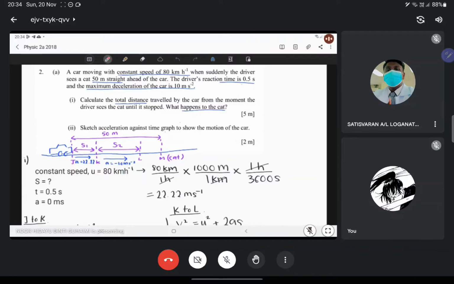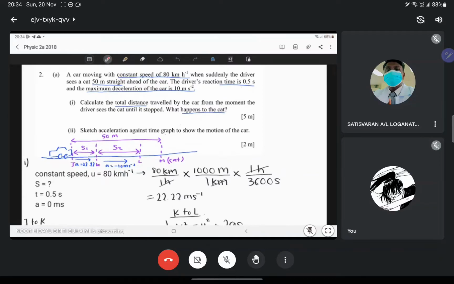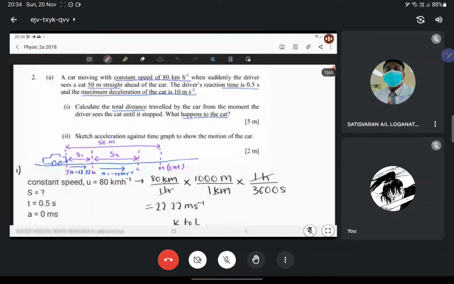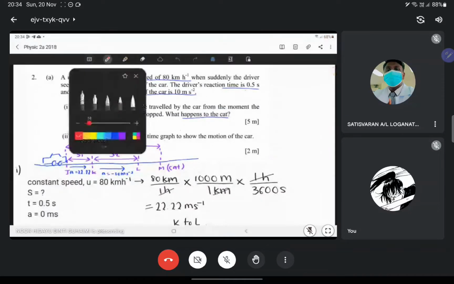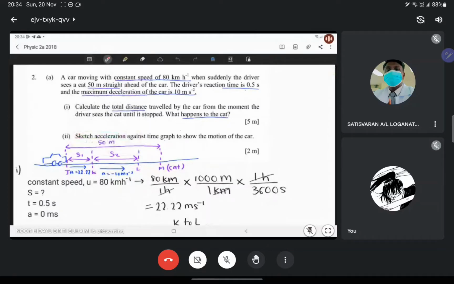Okay, from the question, kita tengok a car moving at a constant speed of 80 km/h. So, kereta ni bergerak dalam 80 km/h.